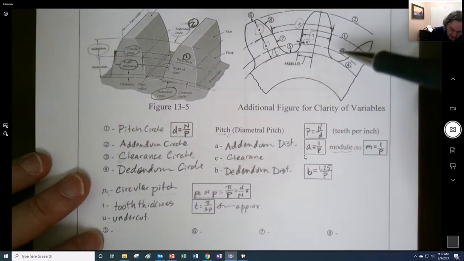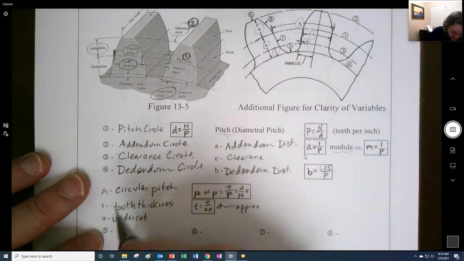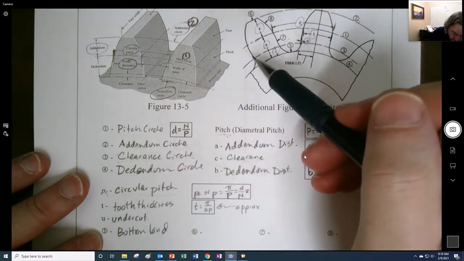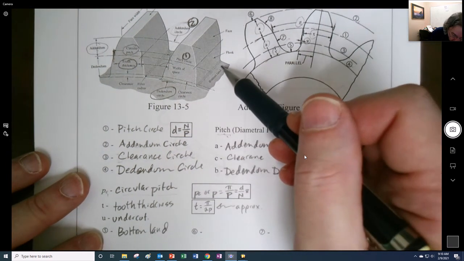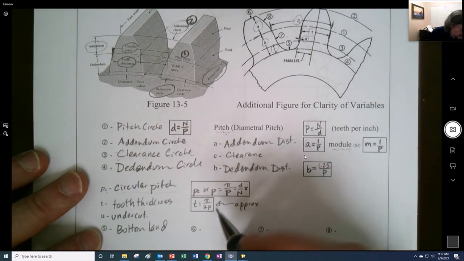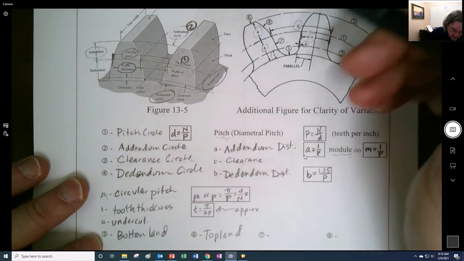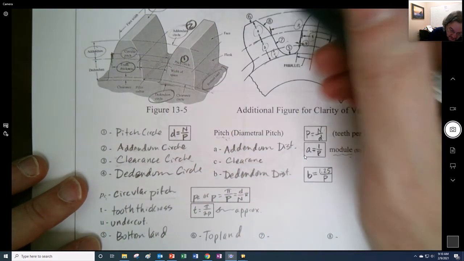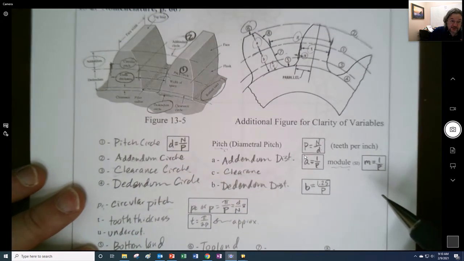Other things. Let's see, we covered number 5. This is the bottom land. So you can see right here, bottom land. Number 6 is the top land. That is right here. You can see right there, there's number 6.